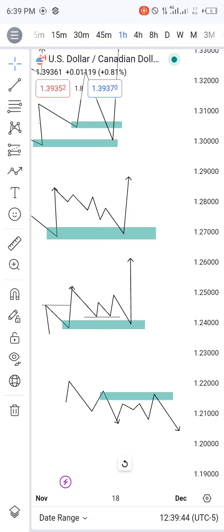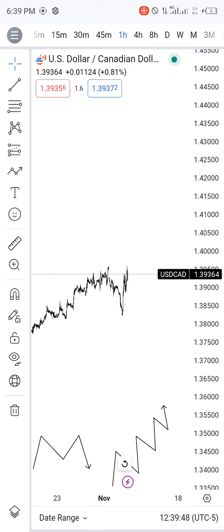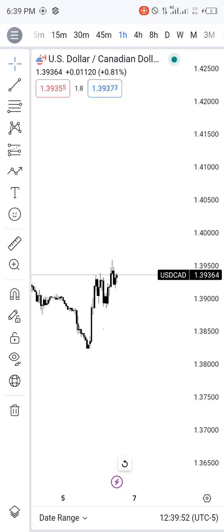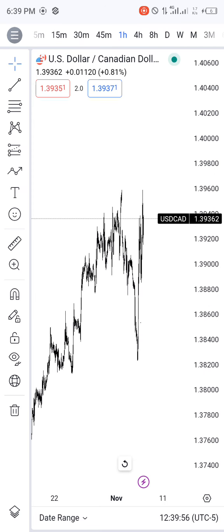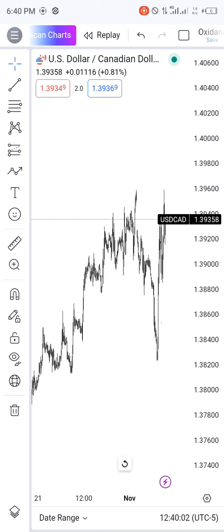So moving on, these are the different types of liquidity that we have. So let's use USD CAD as an example. Let me look for an example here on USD CAD. Okay, I've seen my example. Let me use the replay tool to show you guys.